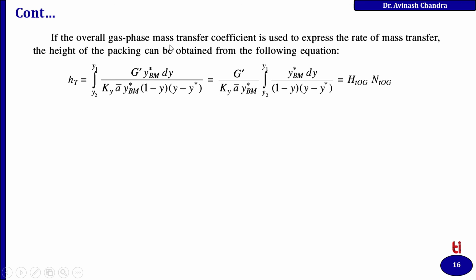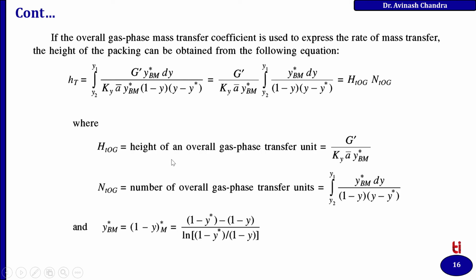So if the overall gas phase mass transfer coefficient is used to express the rate of mass transfer, the height of the packing can be obtained from the following equation. So HT is written as this much, and finally we can write HT equal to HTOG into NTOG.